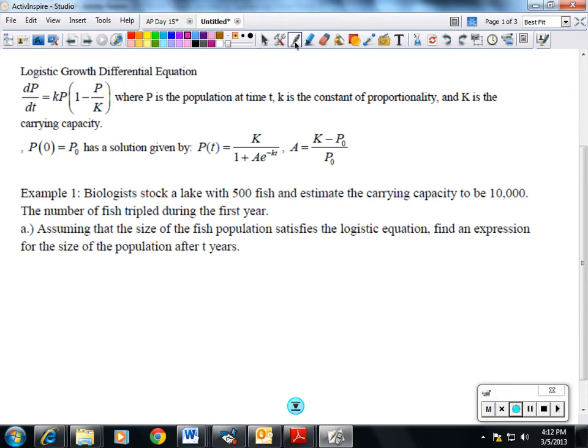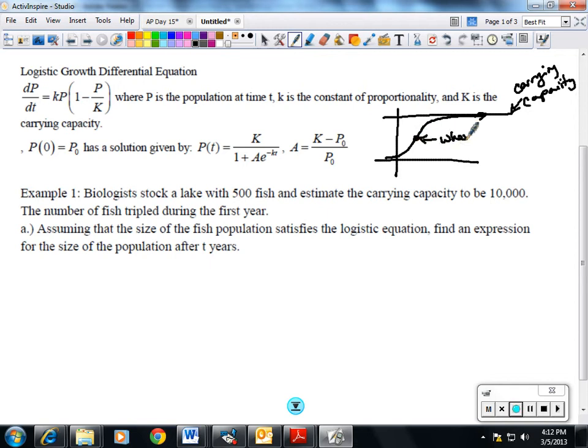The logistic growth model is something that you should have covered in pre-cal. The shape of the graph looks like this, where this is the carrying capacity. Half the carrying capacity is where it grows the fastest, always.